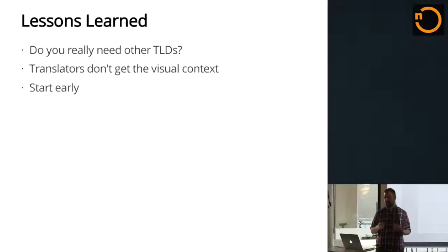In English that's really obvious, looking at the visual context. In other languages there are many words for free, like libre versus free as in freedom versus free as in cost, and the translators don't get that, and so that's led to a lot of problems.